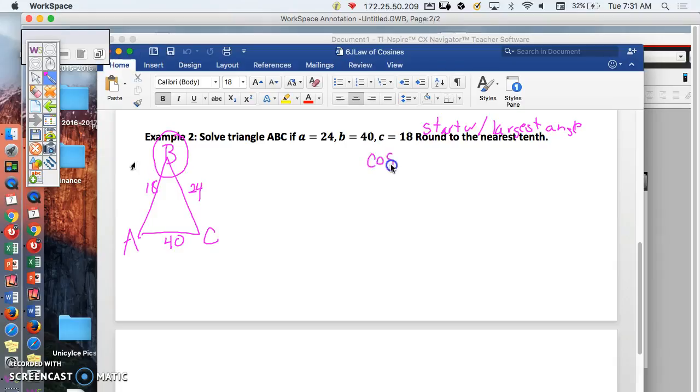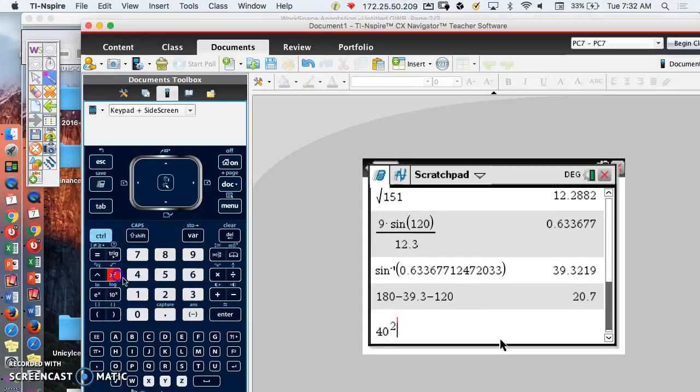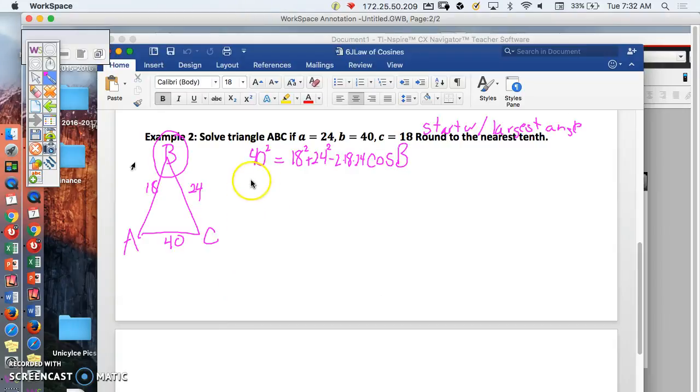So way at the end, we're going to have the cosine of B, which means on the other side, we have to have b squared. So 40 squared, and then it's the other sides, 18 squared plus 24 squared minus 2 times 18 times 24. So let's see, we got 40 squared, 1600, equals, now order of operations, we can't type this all in because this is multiplying here, so we have to break it apart.